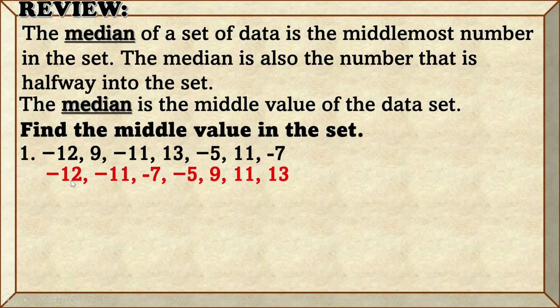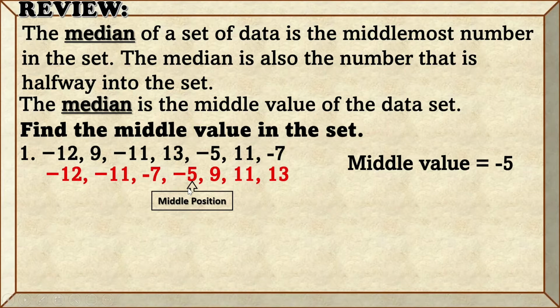At kung bibilangin natin, we have 1, 2, 3, 4, 5, 6, 7. So, meron tayo 7 data, and 7 is an odd number. Since the median is the value in the middle position, negative 5 is the middle position. Meron tayong tatlong data sa left side ng negative 5 at meron din tayong tatlong data sa right side ng negative 5. So, our middle value is negative 5.